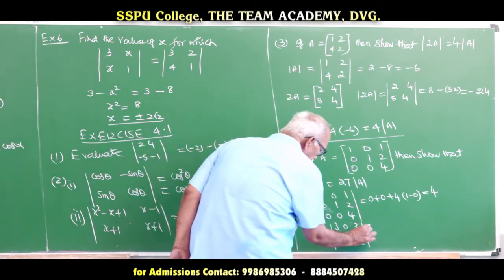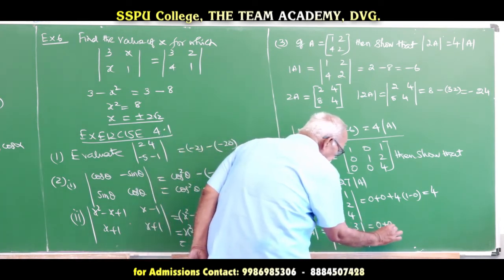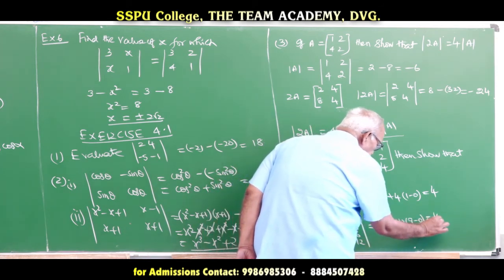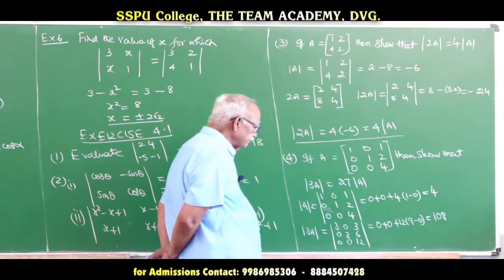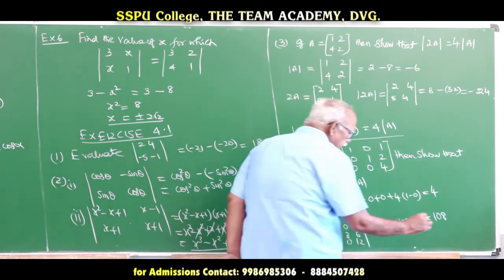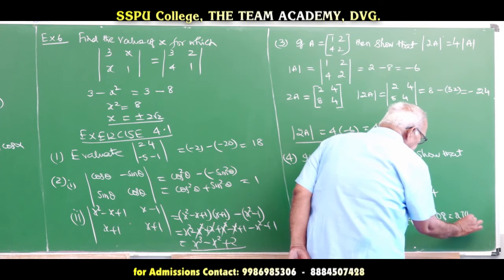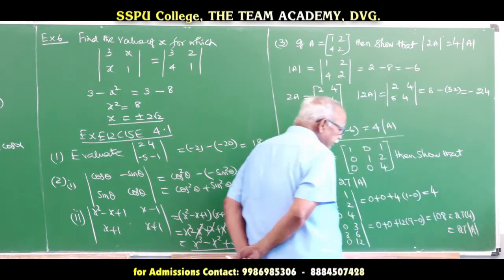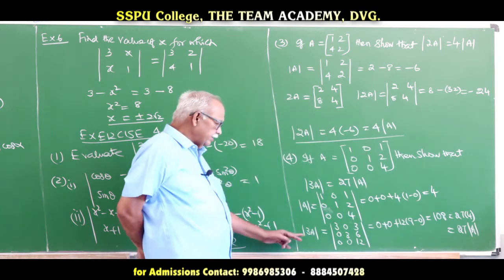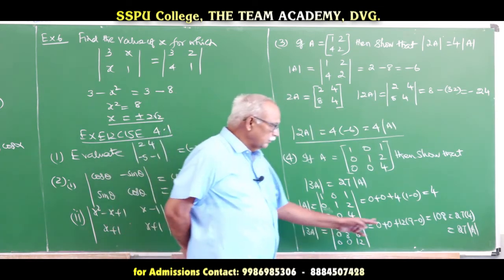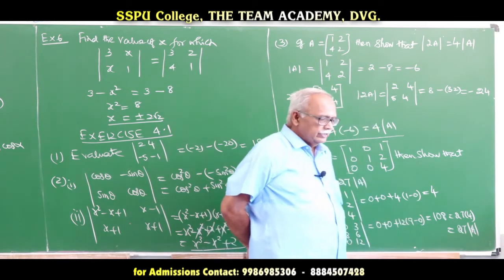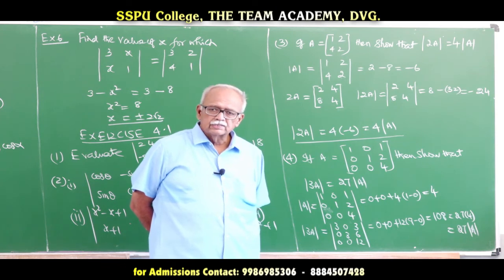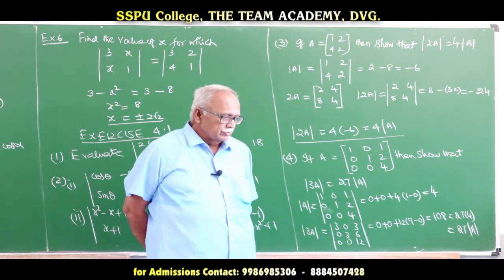Now, this also expanded: 0 plus 0 plus 12 into 9 minus 0, which is 108. 108 we can write as 27 into 4, or we can write this as 27 into det A. So, det 3A is equal to 27 into det A. So, simple problems, first exercise. Next exercise will be properties of determinants we will be seeing.